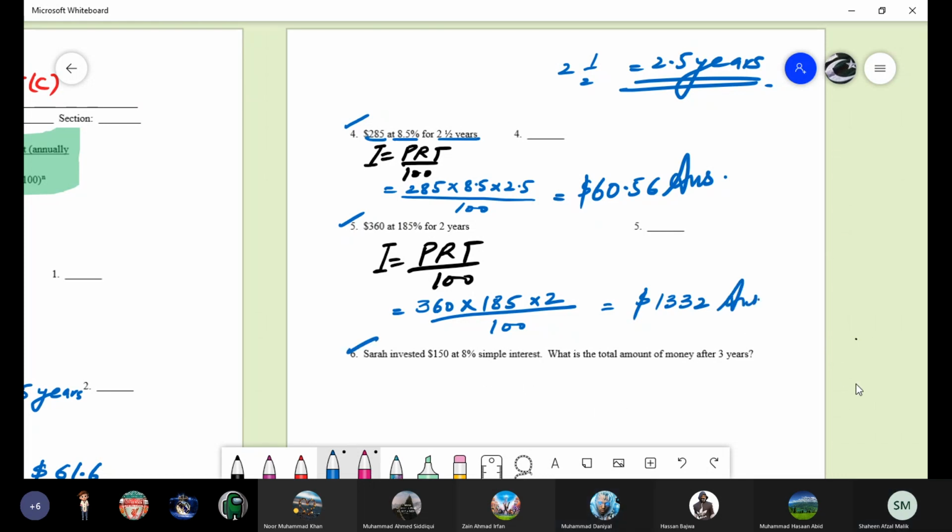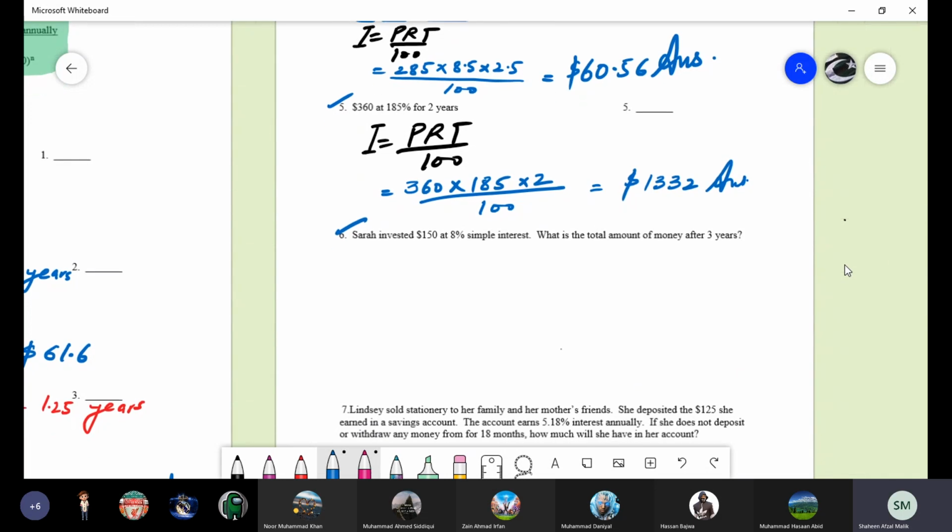Question number 6. Abdur Rahman has to solve. Abdur Rahman, are you there? Yes, ma'am. What is given to you? The formula will be I is equal to PRT over 100. Rate of interest given, principal given, number of years given.